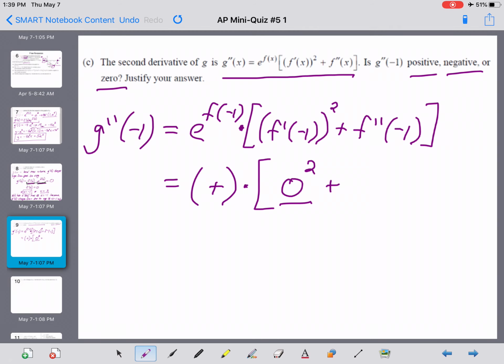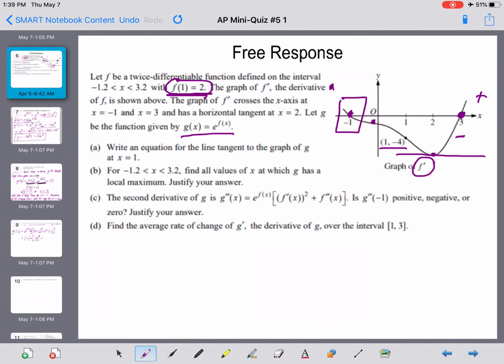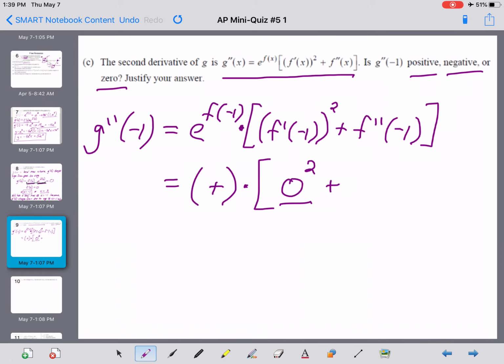F double prime of negative 1. Well, they gave us information about f prime. The derivative of this graph is f double prime, and that sign can be found by looking at the behavior of this function right over here. And what we can see is that f prime is decreasing at negative 1. A function that is decreasing has a negative derivative. So that means that our derivative right over here of f prime at negative 1 is going to be something negative.